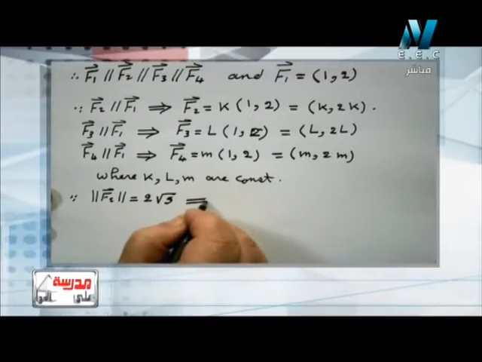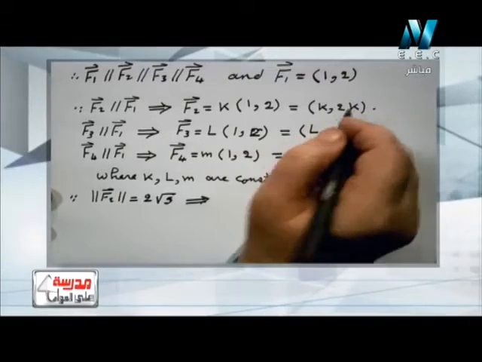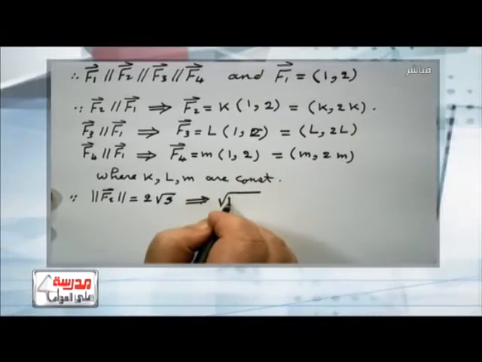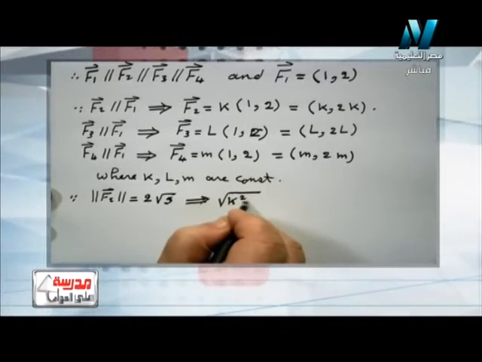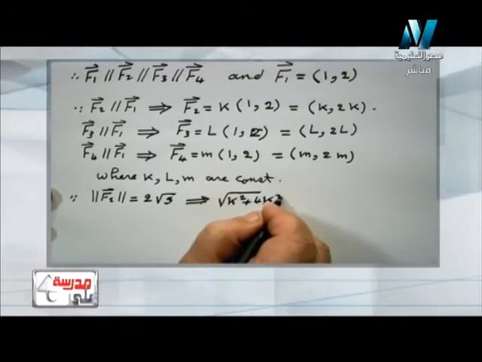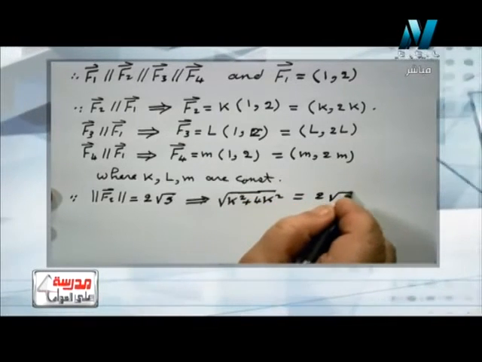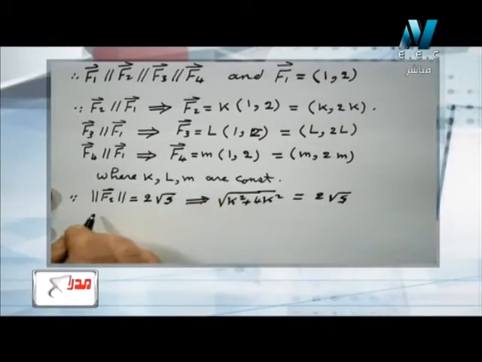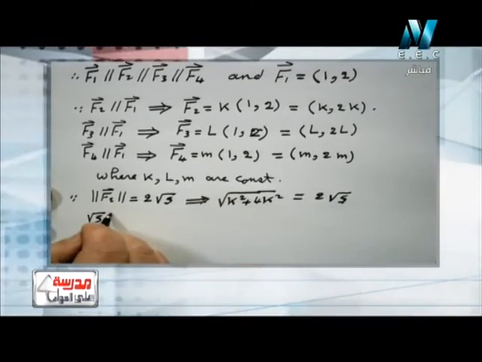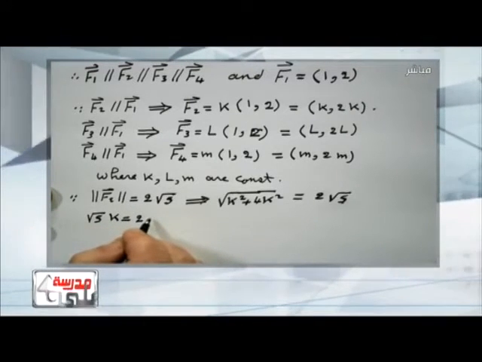Therefore, the norm of F2, it is K and 2K, it is the square root of K square plus 2K all square, it is 4K square, equal 2 root 5, then root 5 K equal 2 root 5.